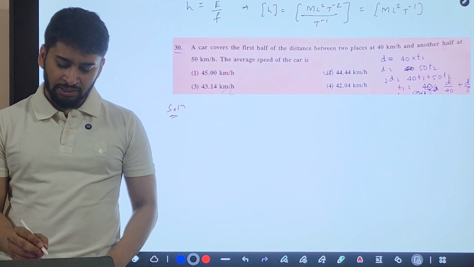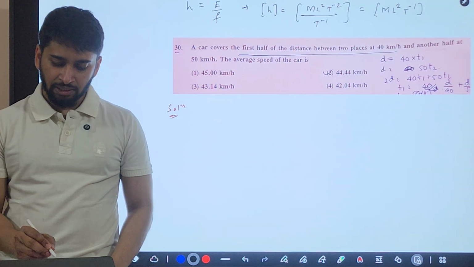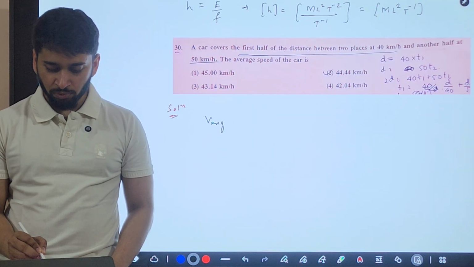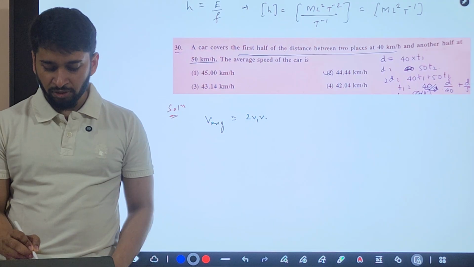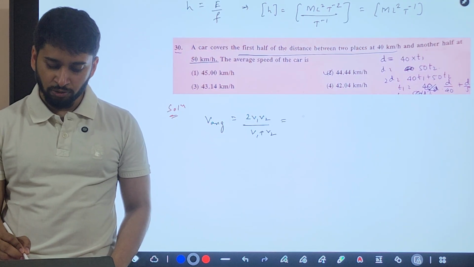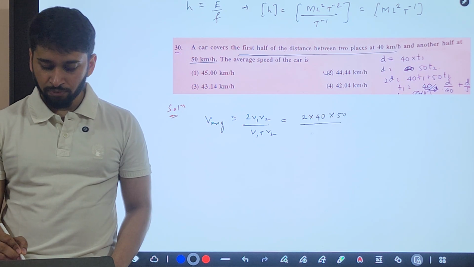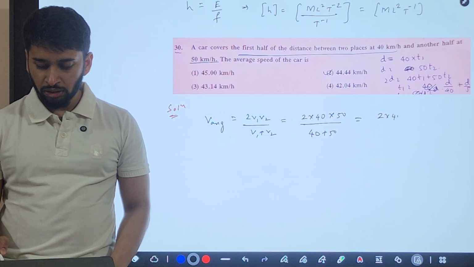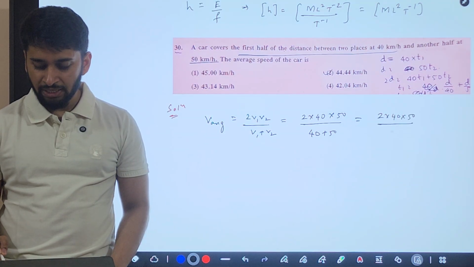Great. So this covers the first half distance and second half distance. Average speed, V average becomes what? 2 v1 v2 by v1 plus v2. So for equal distance intervals, 2 v1 v2 by v1 plus v2. So 2 into 40 into 50 by 40 plus 50. So 2 into 40 into 50 by 90.